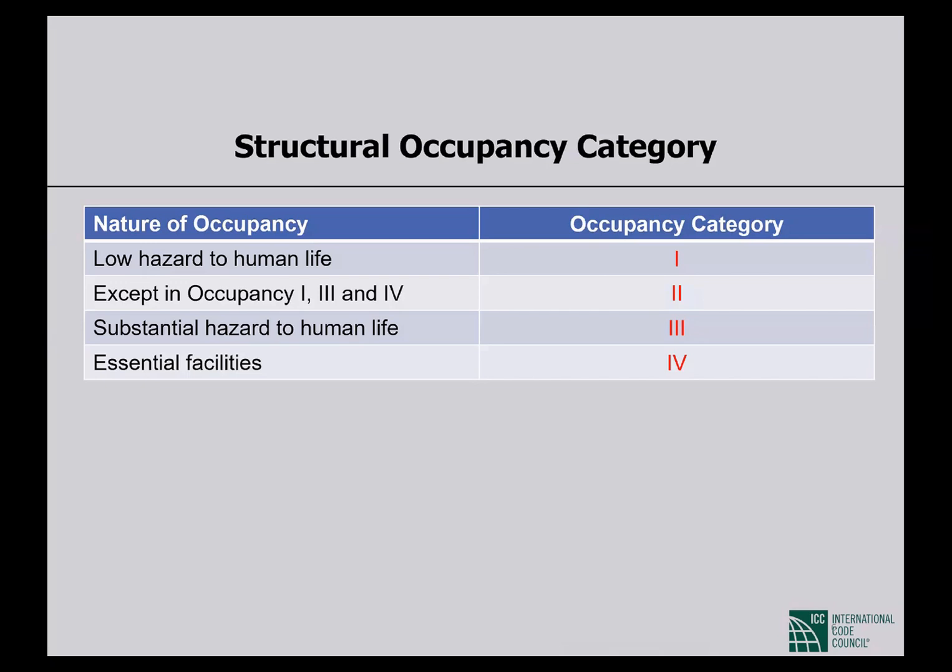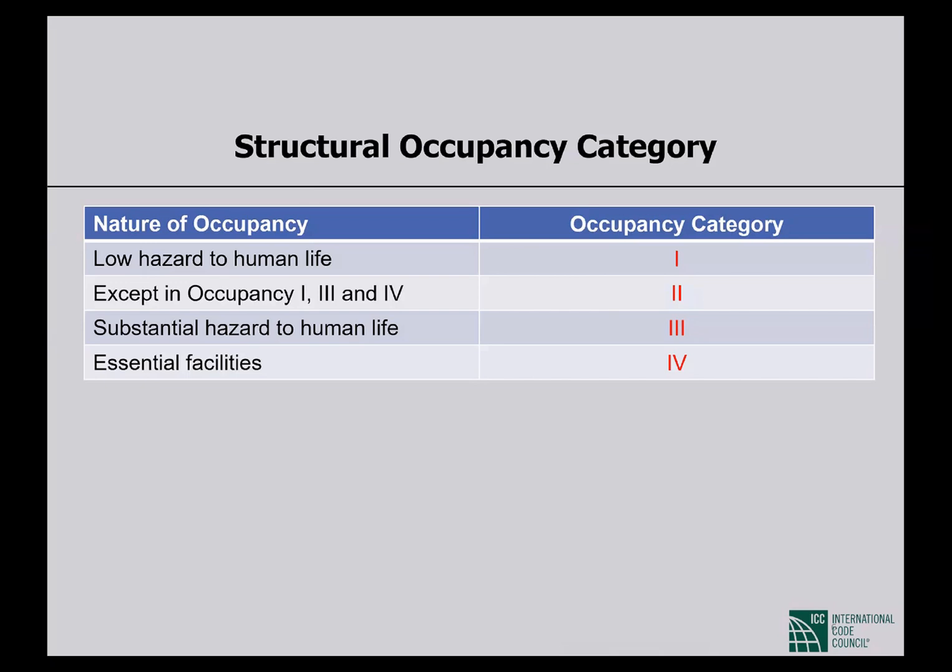Now, you know already, because this is similar to the old building code. The first one is low hazard to human life. That is, if a building collapses, and there is very little probability that human lives will be in danger, then that is low hazard.